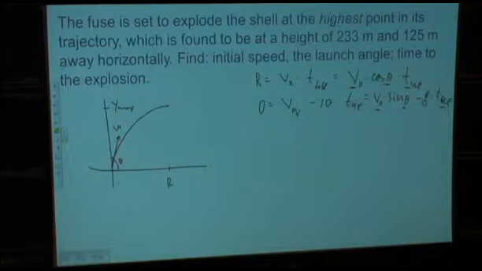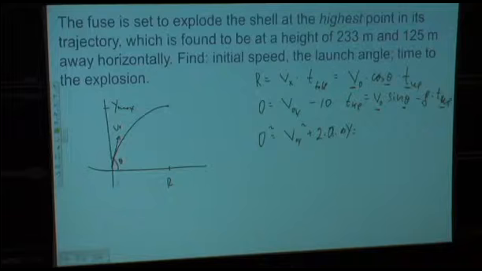So I suggest let's try using the third equation, which has no name, because it also includes initial velocity and vertical distance traveled, but it has no time in it. So 0 squared should be equal to v initial squared, plus 2 times a times delta y. That's how we write it in general.